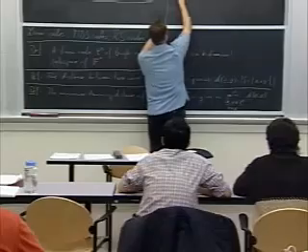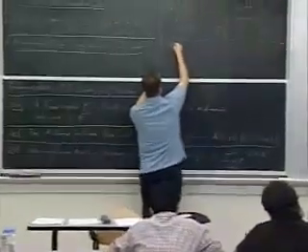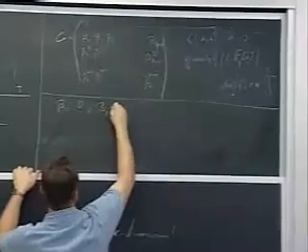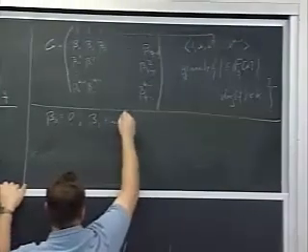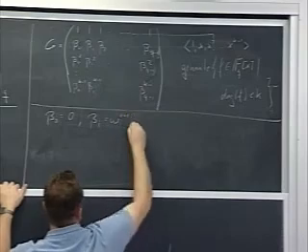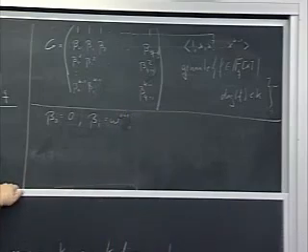So let beta 0 be equal to 0, beta I equal to omega to the I minus 1, where omega is primitive in the field.